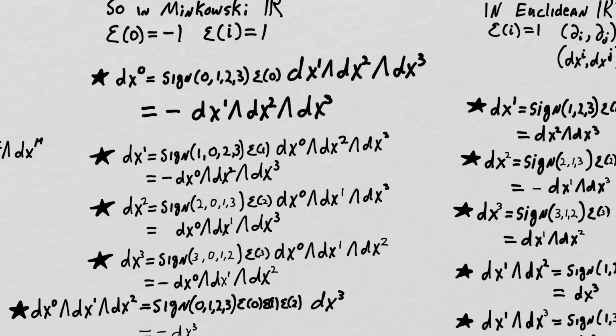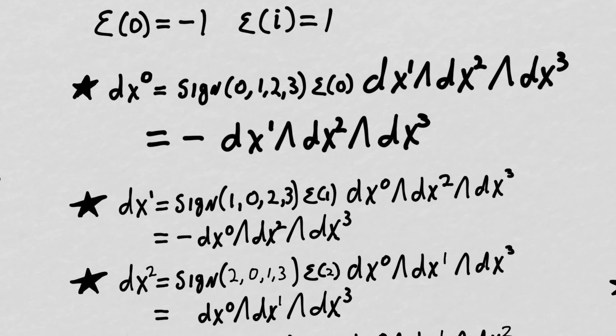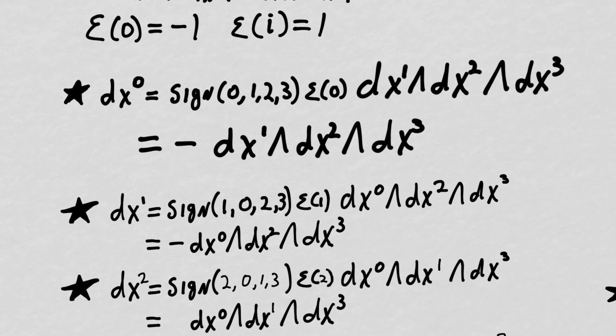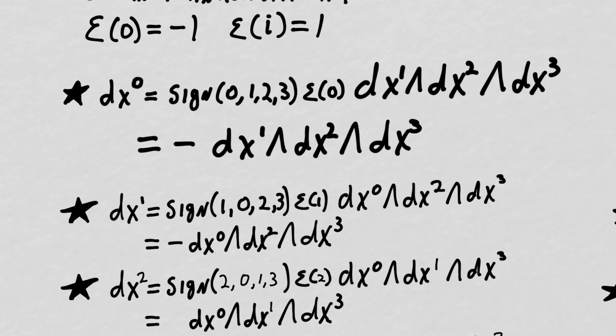So the sign expression is simply the left-hand sequence followed by the right-hand sequence. Well, the left-hand sequence is just 0, and the right-hand sequence is 1, 2, 3. So I'm doing sign of 0, 1, 2, 3. And that is exactly 0 permutations away from the standard sequence of 0, 1, 2, 3. So this just gives me a plus 1.